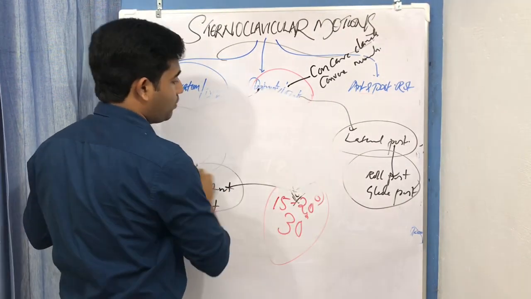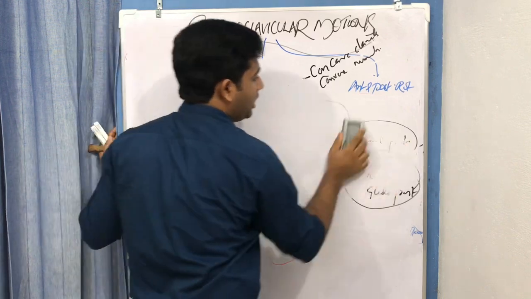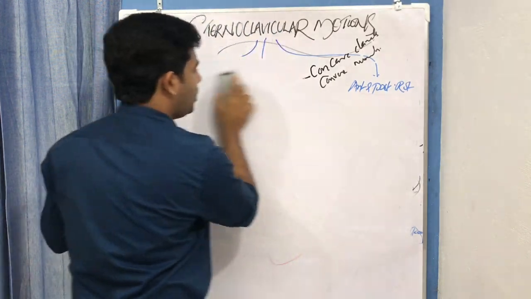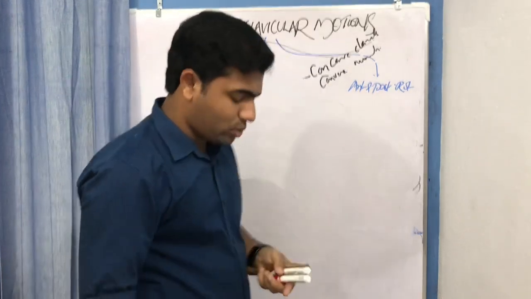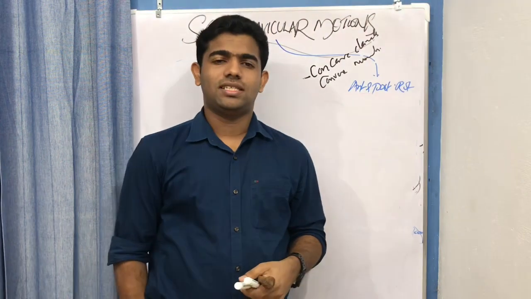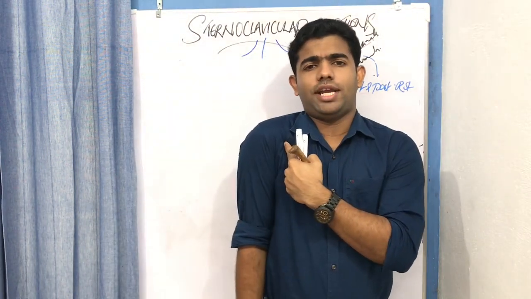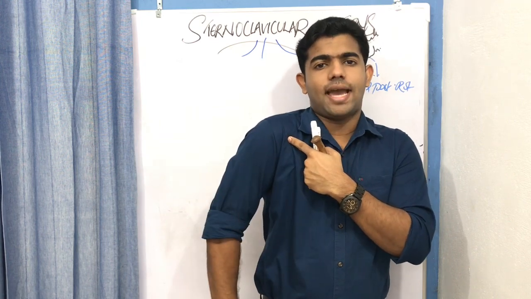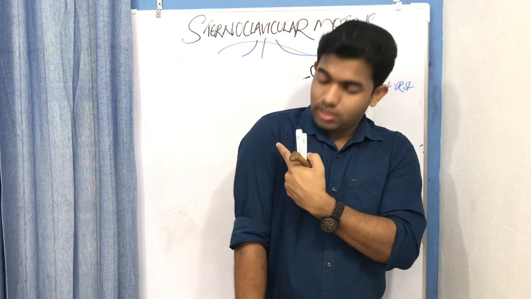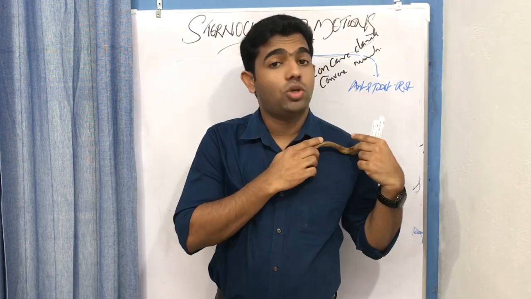That is the anterior and posterior rotation. This rotation is a bit confusing, but I will try my level best to make it easy for you. The only difference is that if we take humerus rotation, medial and lateral rotation of the hand is the rotation of the humerus, because the humerus is a longitudinal bone, but your clavicle is a horizontal one, am I right?